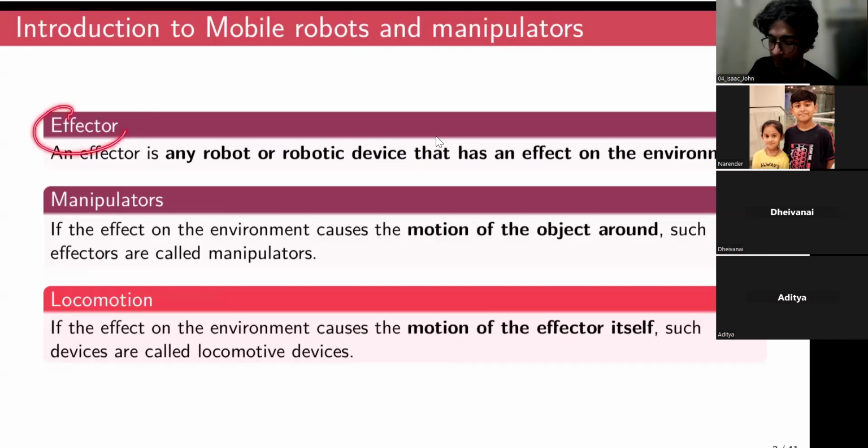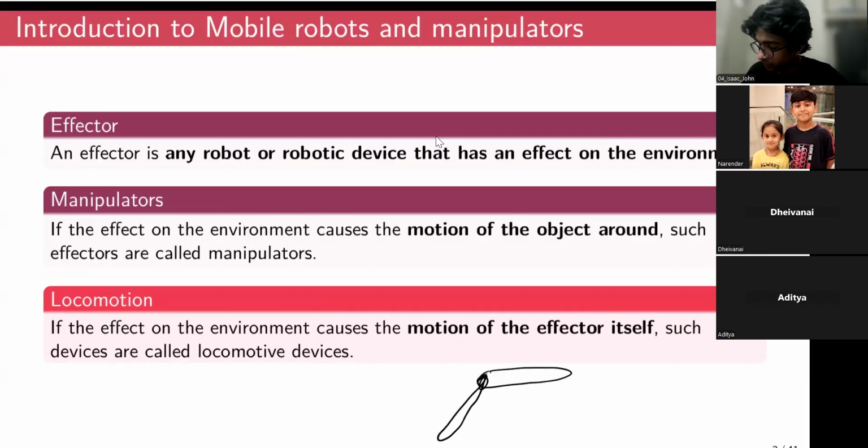Effectors can be classified into two. The first being robotic manipulators and the second being locomotive devices. And the key definition of a manipulator is that if the effect on the environment causes the motion of objects around, such effectors or devices are called manipulators, right? For example, consider a robotic arm, a 2 degree of freedom robotic arm just like this.